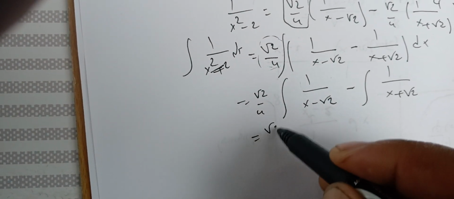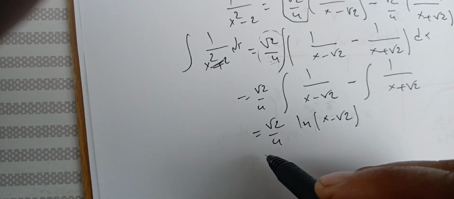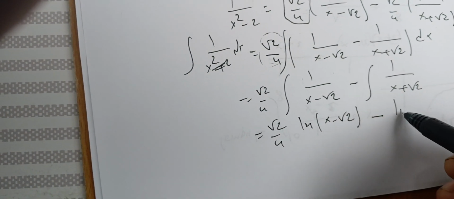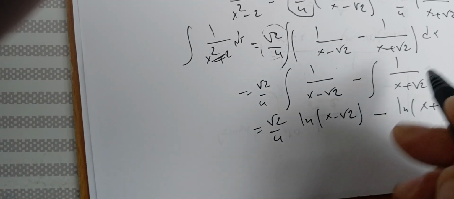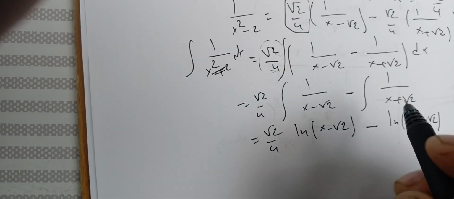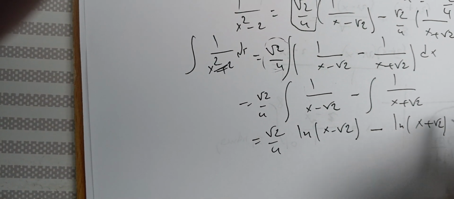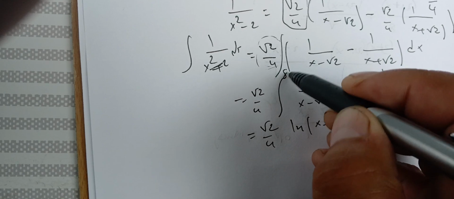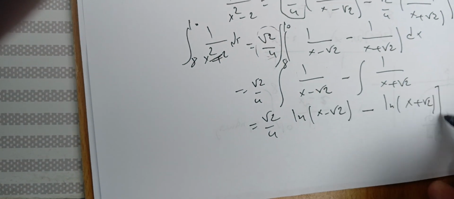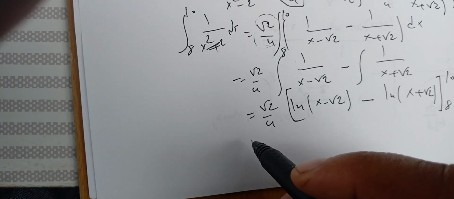So I get square root of 2 over 4, the natural log of x minus square root of 2, and here I get minus the natural log of x plus square root of 2. I can add a constant here, so plus some c. But I can go back here and put 8, 10, and I put it here between the brackets to evaluate.